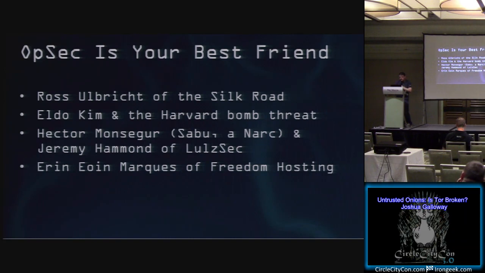Now, another one is Sabu from LulzSec, where he tripped up is he did not use Tor consistently. He would usually use it, but one time he connected to his usual IRC account without Tor.